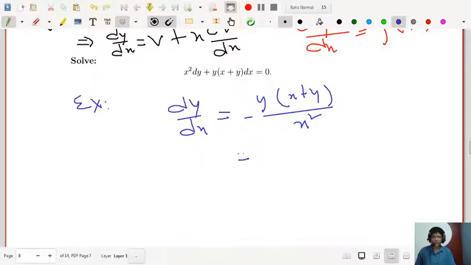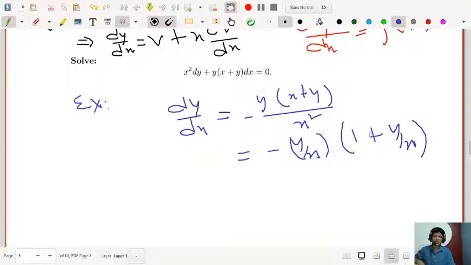This can be written as minus (y/x)(1 + y/x). So your right hand side is a function of y by x. It is homogeneous. Otherwise you can check the degrees of each term. In the numerator, xy and y² are of degree 2, and the denominator is x², also degree 2. So by inspection also you can check the homogeneity.